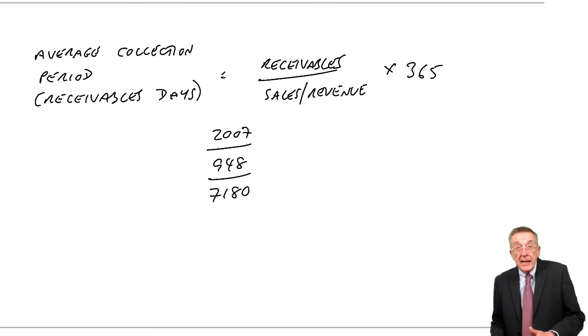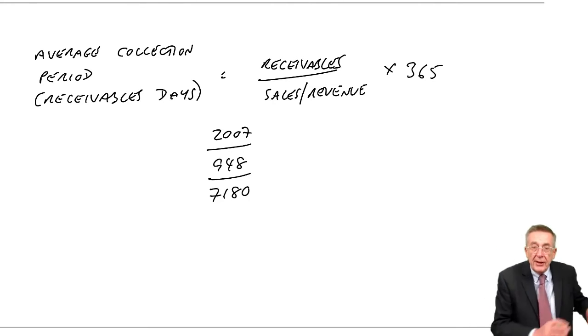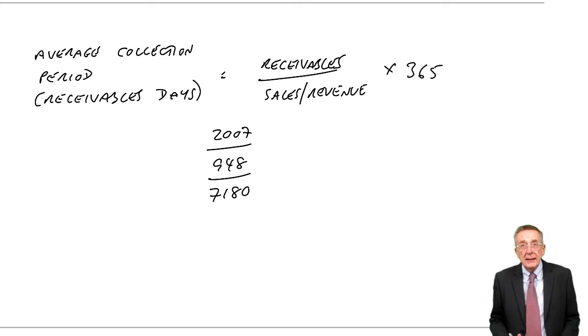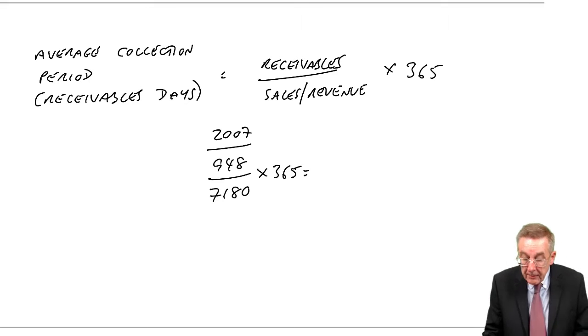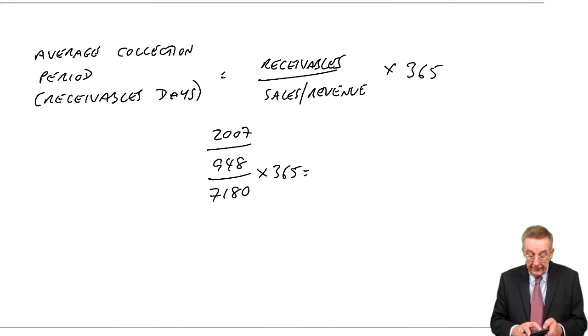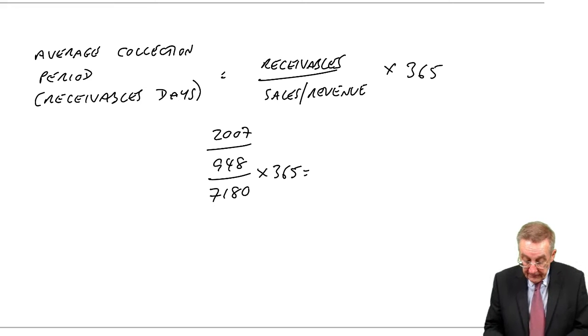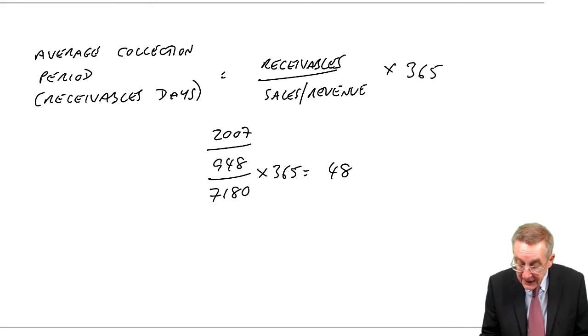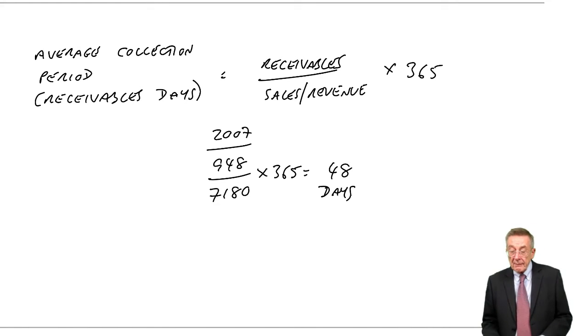And so I'm not going to write down a percent. Our receivables are that percent of everything we sell during the year, which does mean that we appear to be taking about 48 days to collect in the money.